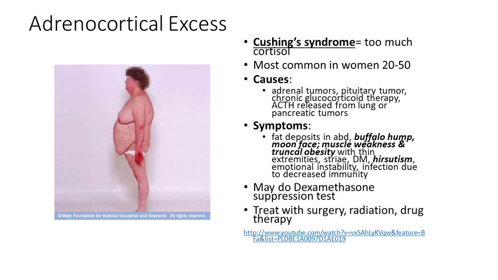Their obesity is going to be basically in their trunk. They might have skinny legs, but they're going to have this big obesity around their belly. You might see diabetes, emotional instability. Their infection rate is going to go through the roof because there's no immune system.